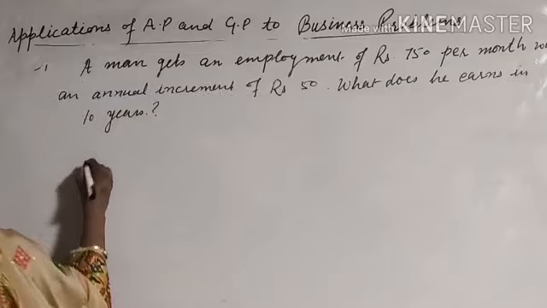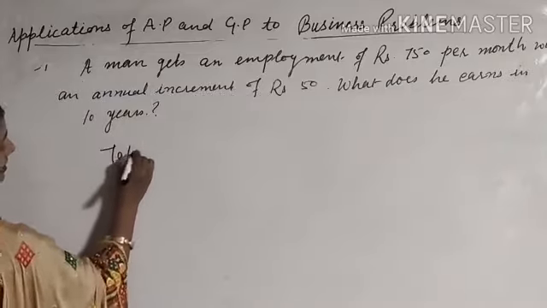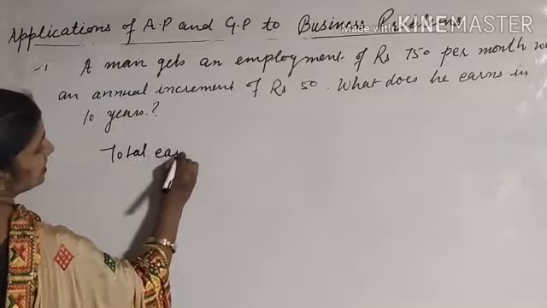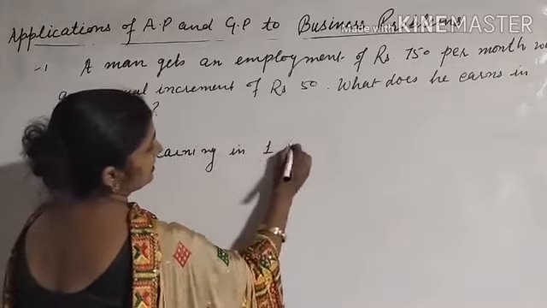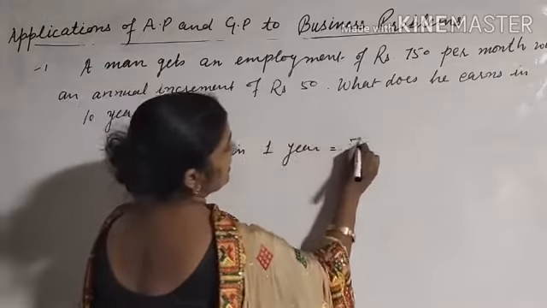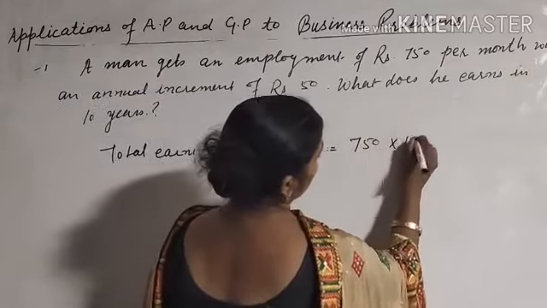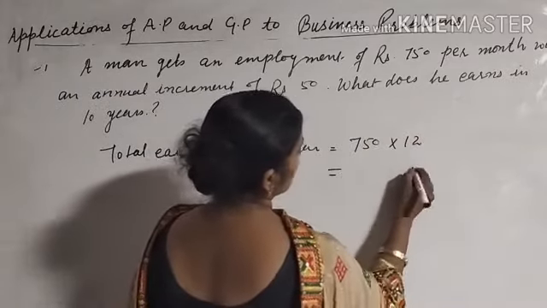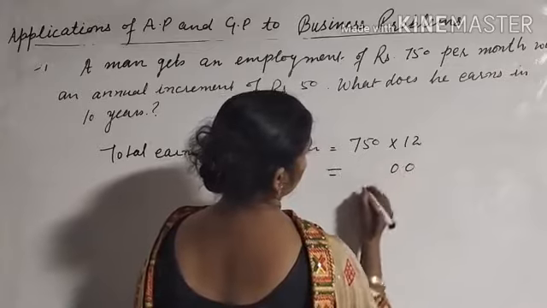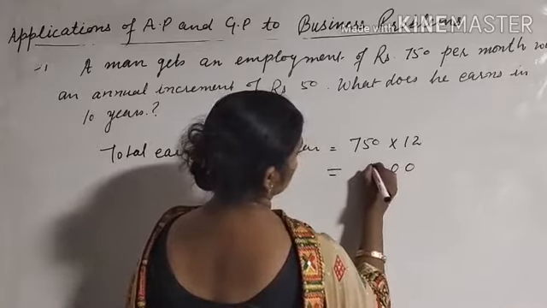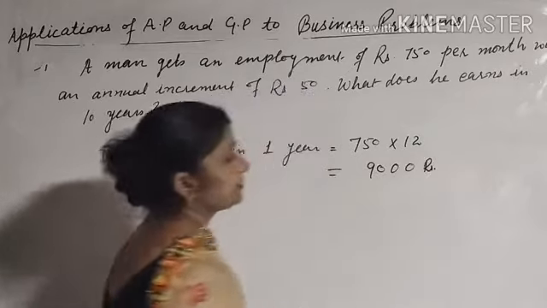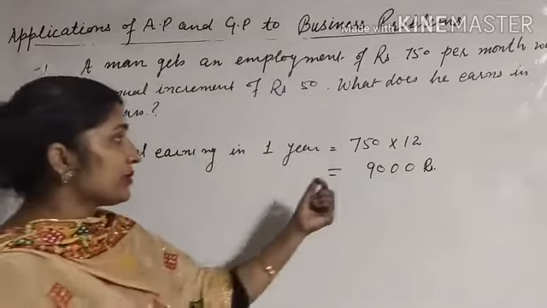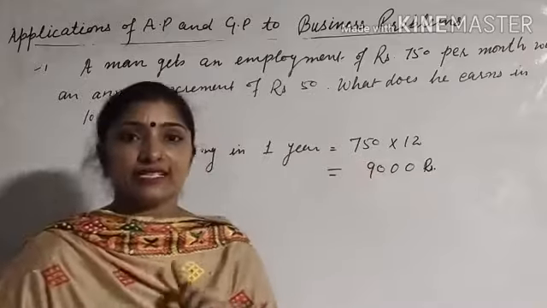So the total earning in 1 year is 750 multiplied by 12. So this is 9,000 rupees. He earned rupees 9,000 in the first year.